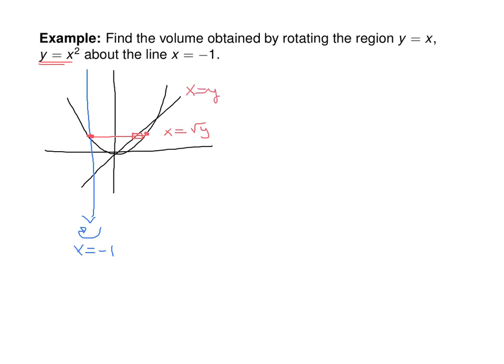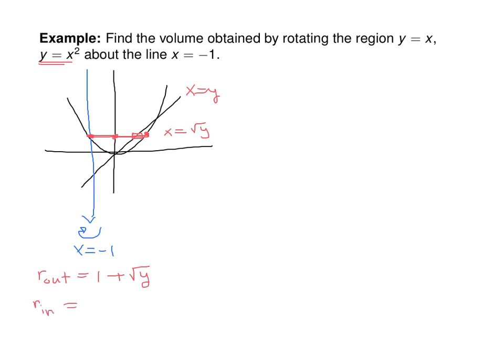Okay, so the distance, my outer radius, the distance from x equals -1 to that outer part on my curve will be, in this case, 1 plus root y. That's because this distance is 1, and this distance is x, which is equal to root y.